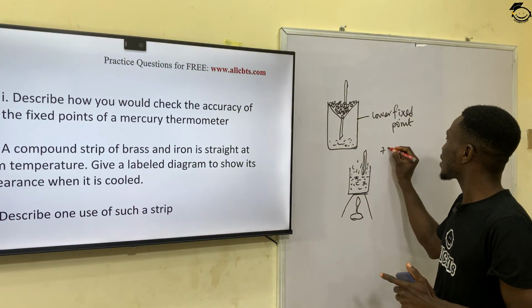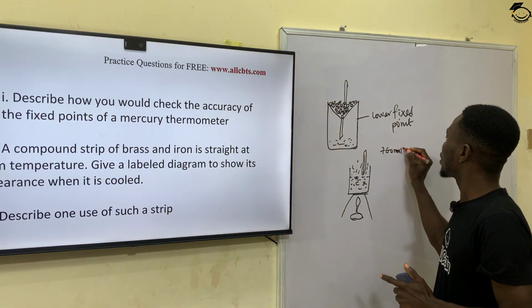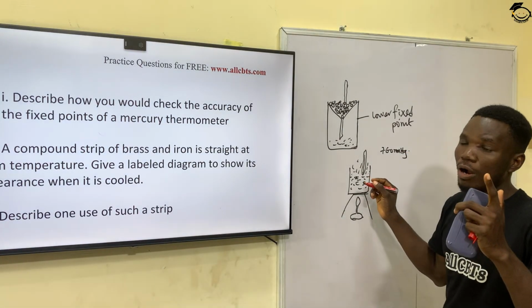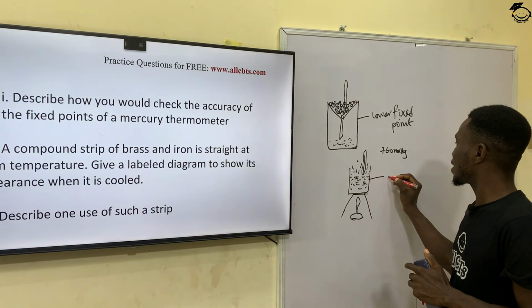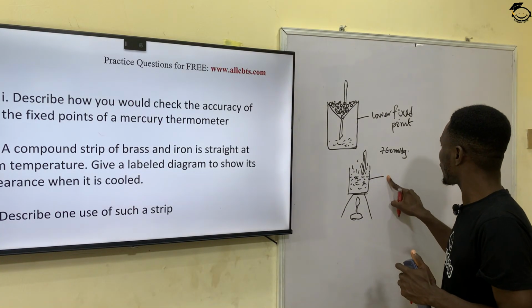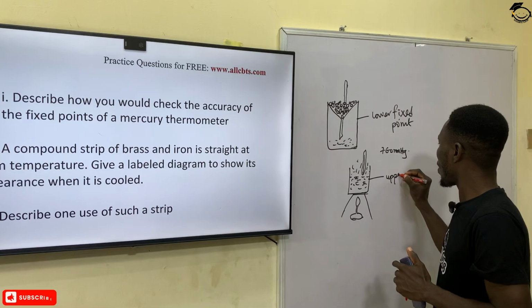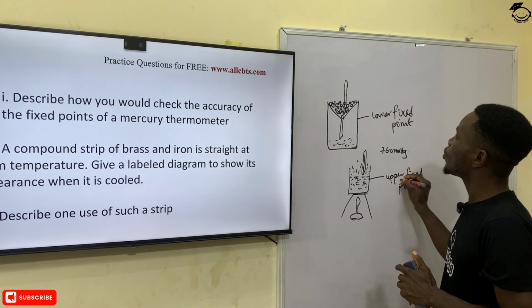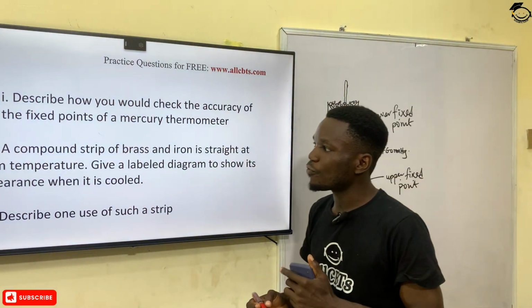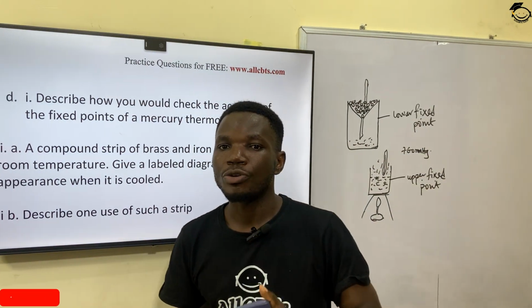And if it is higher than 760 millimeter mercury, it means that this particular mercury thermometer is also faulty. So this is for checking the higher fixed point, or the upper fixed point. And the one I drew earlier is for checking the lower fixed point of your mercury thermometer.